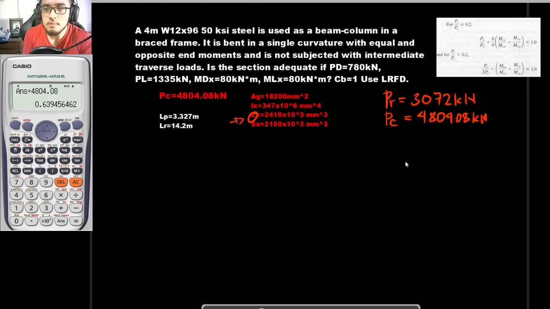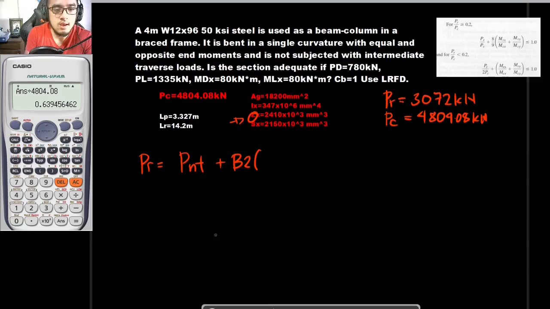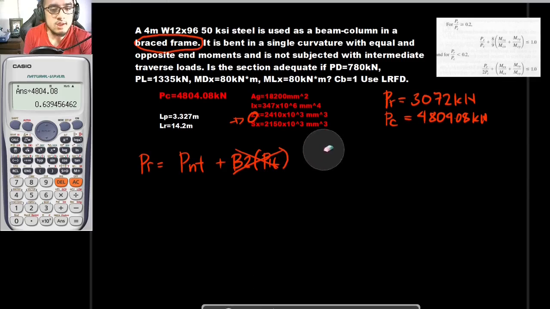Since you already know PR and PC, by the way guys, PR is equal to PNT plus betas of 2 times PLT. Pero wala tayong second term na to since our frame is braced, so we wouldn't be experiencing lateral translation, kahit wala na to.